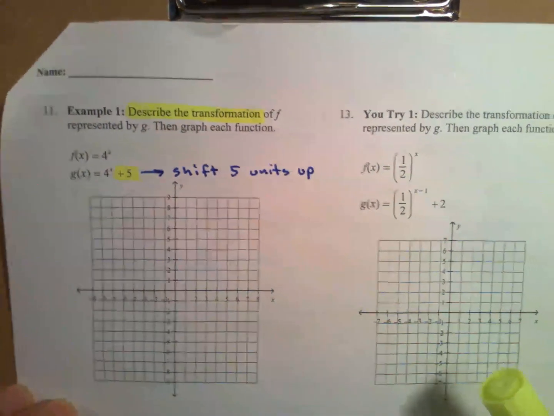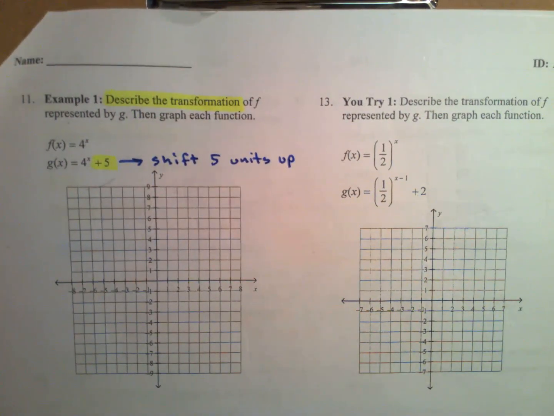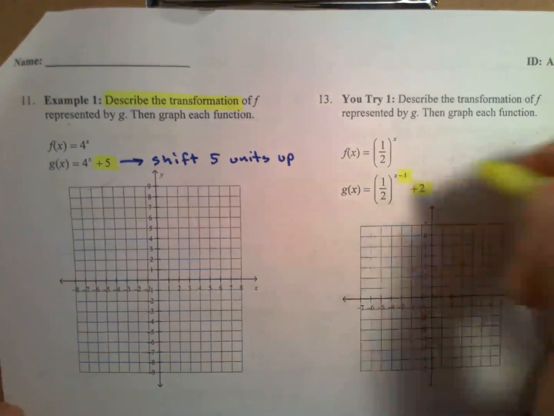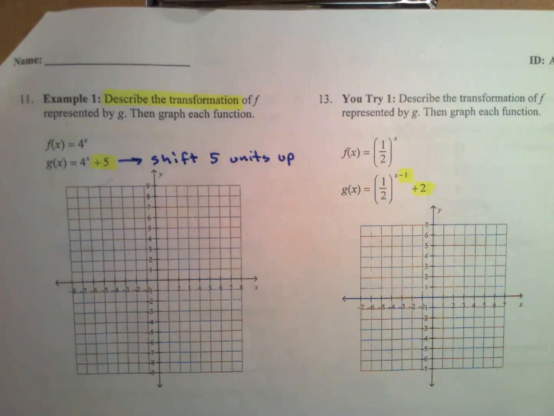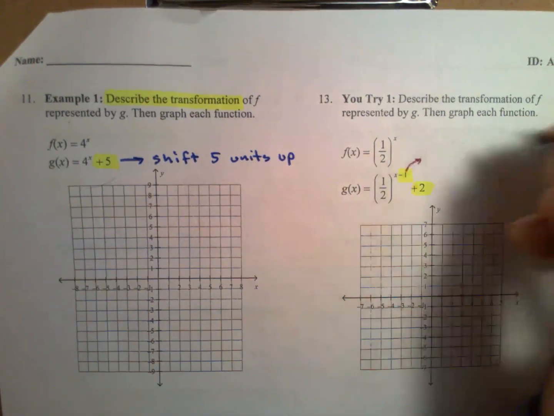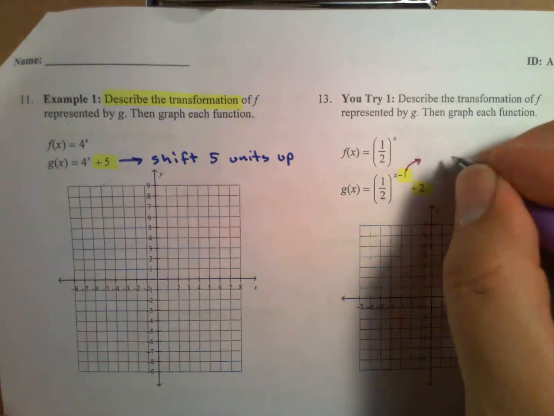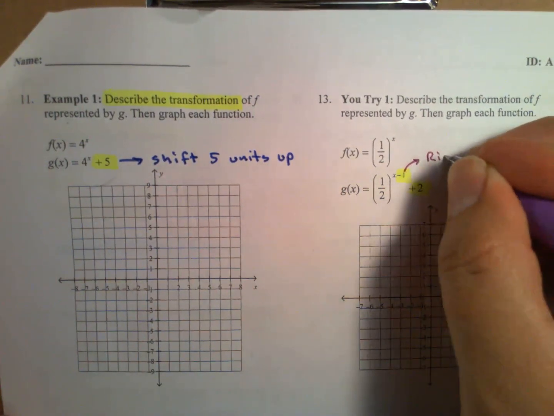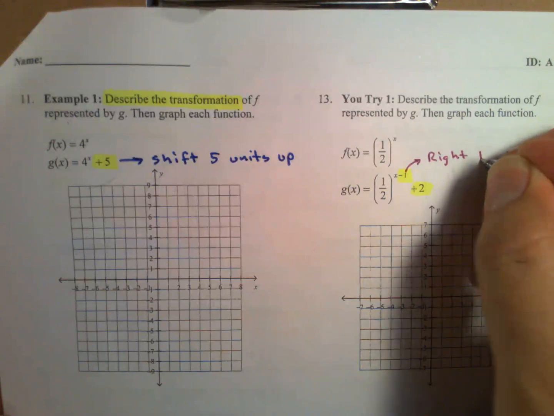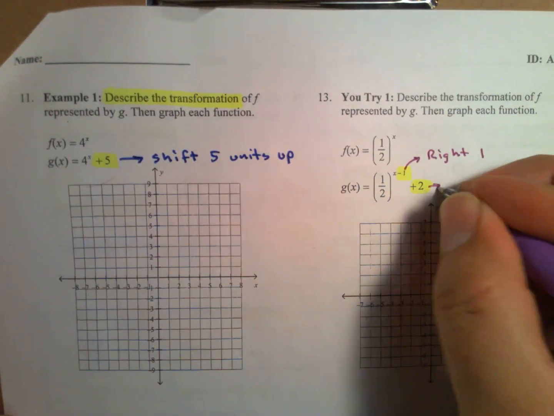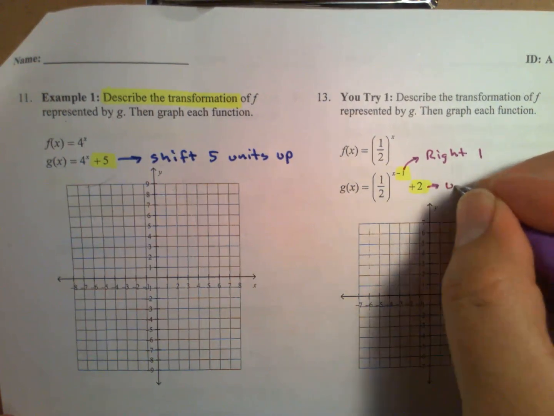But yet, when you see an exponential like this one, now we have a number in the power and we have a number here. This is all I need you to practice for some of these problems because all they're going to want is a description. X minus 1, then I'm going to the right one because we always think opposite when it's with the value of x. And the positive 2 is not in the power, well, then we go up 2.